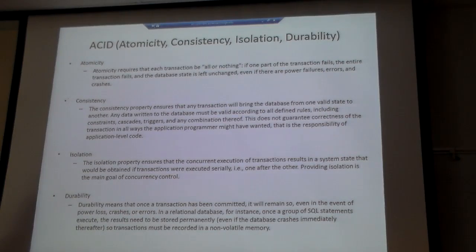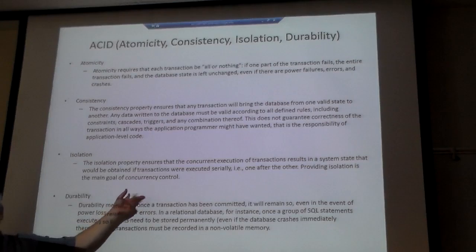Isolation, again, this is a hard one. The database people are fighting two things. They're fighting performance, which makes them want to do everything in parallel, and then they're fighting these constraints. So if you just have one database and one user, I mean, this is a piece of cake.